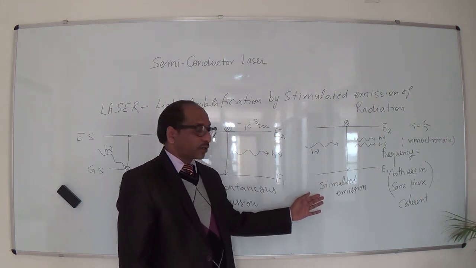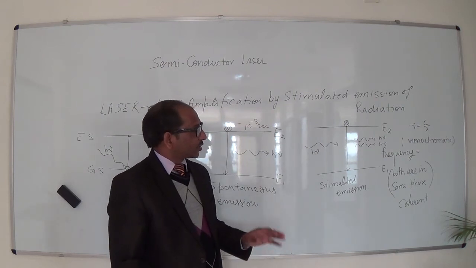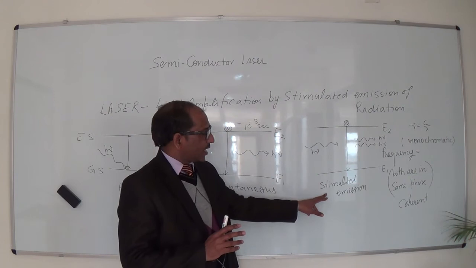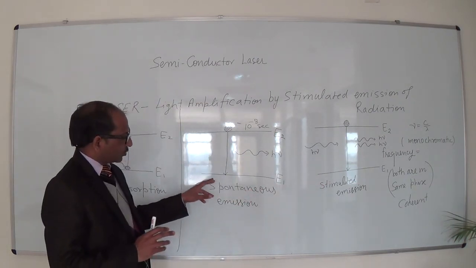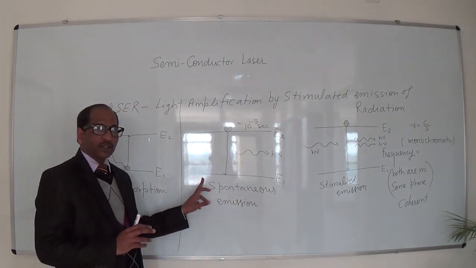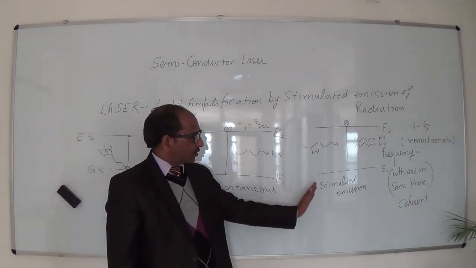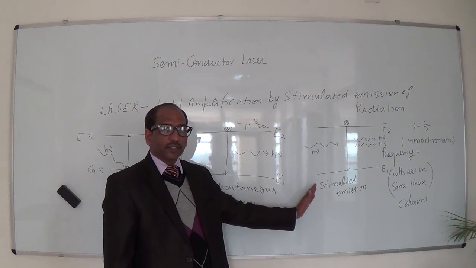This process is known as stimulated emission. For the laser light, our requirement is that stimulated emission dominates over spontaneous emission. So for the laser light, we want stimulated emission only.